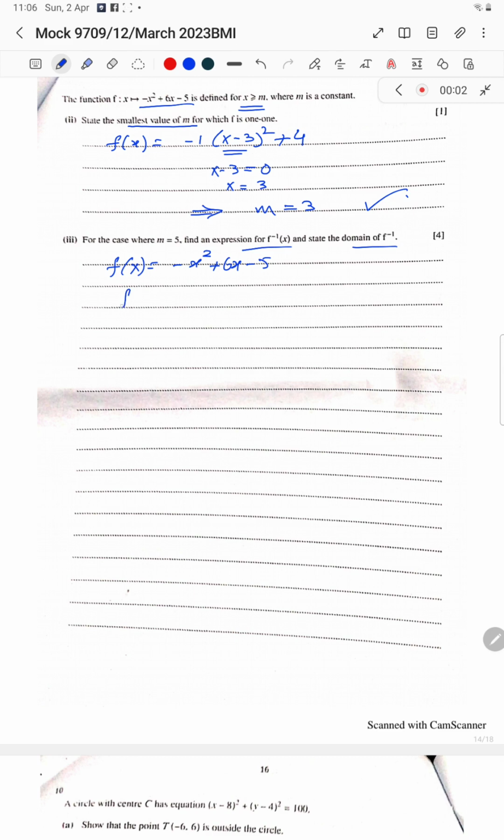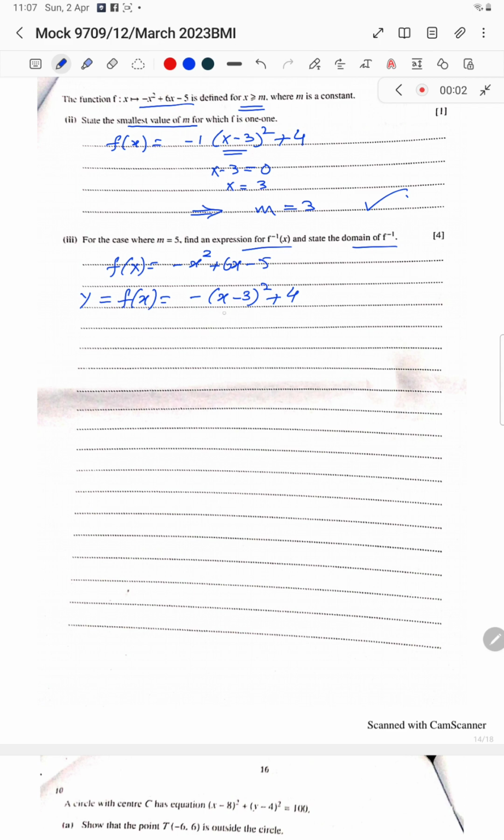We completed the square in the first part and reshaped it in this form.